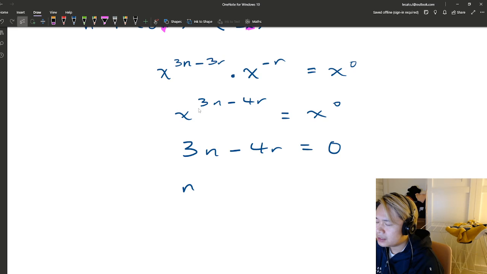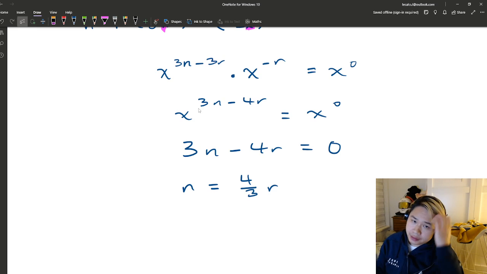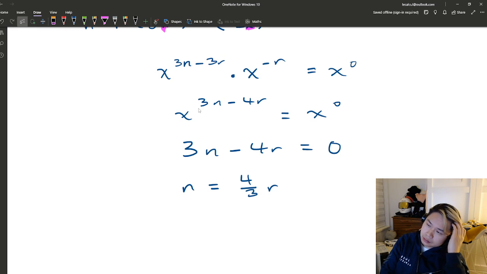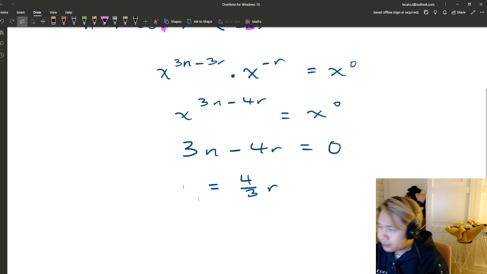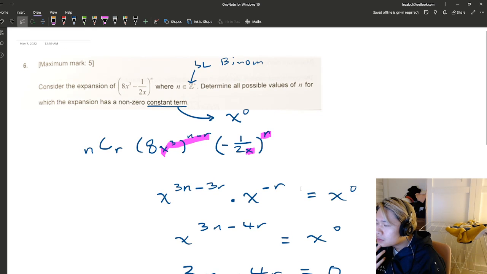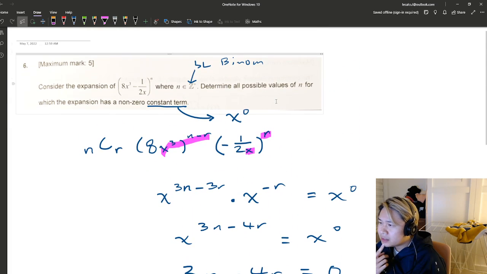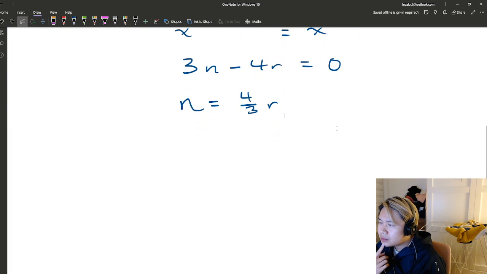And then if we were to solve for n, you get 4 over 3 r. And unfortunately, this doesn't really tell us what n is, because we don't know what r is. But there are possible values of n. Oh, okay, hold on.